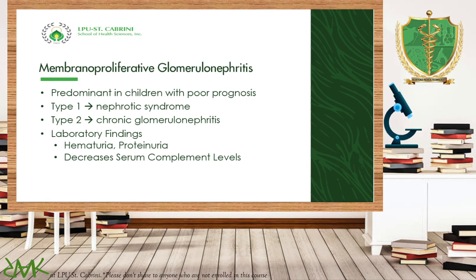For type 1, it can lead into nephrotic syndrome. For type 2, it can lead into chronic glomerulonephritis. Laboratory findings include hematuria and proteinuria, and there is a decrease in serum complement levels. So this is what we call a membranoproliferative disorder.